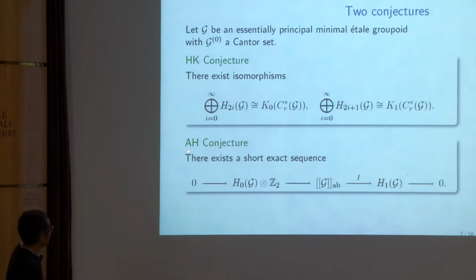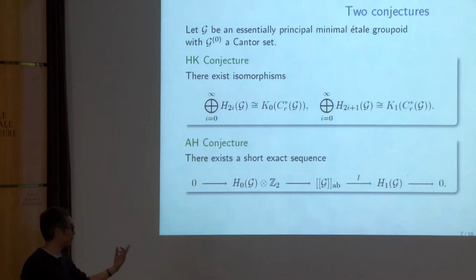And next one, I'd like to discuss AH. This means abelianization and homology, by which I mean there exists a short exact sequence like this. So here, I have the abelianization of the topological full group, G_ab, and here I have the index map I. The index map I is the homomorphism from the topological full group to H1, but H1 is abelian, so it goes through the abelianization.